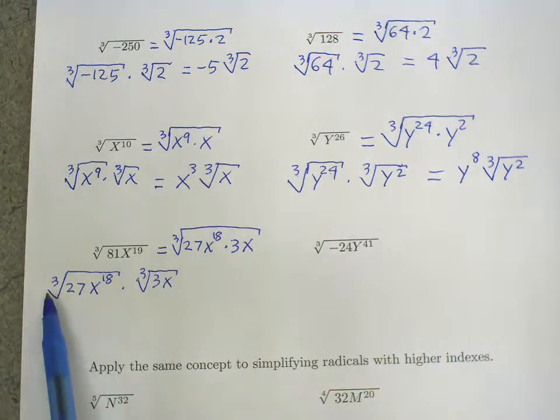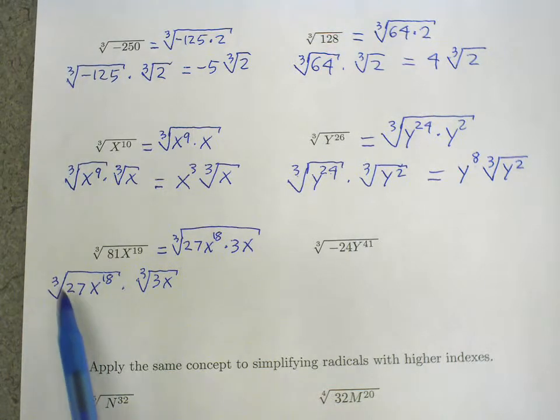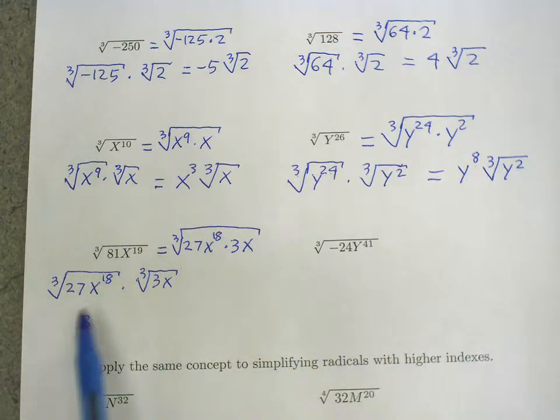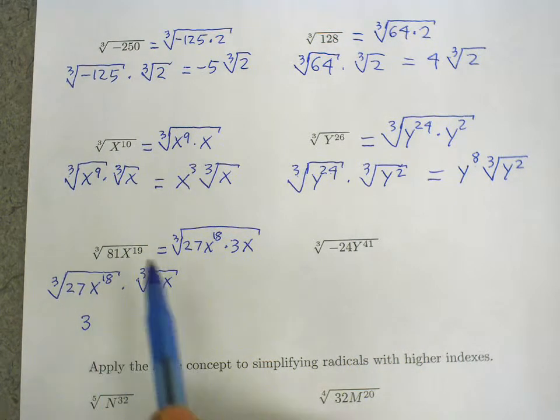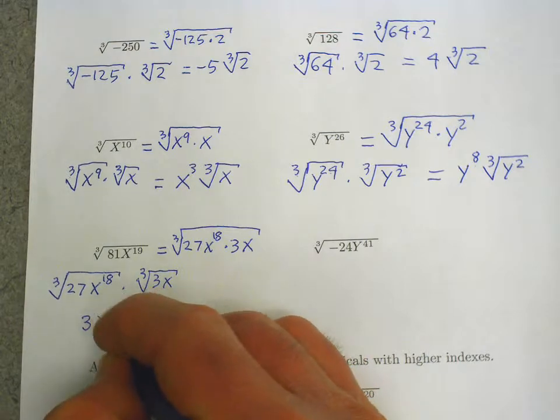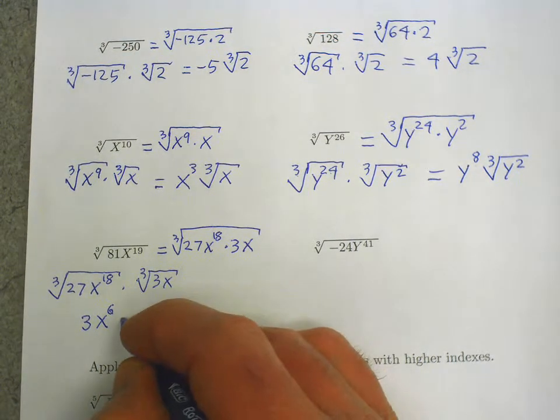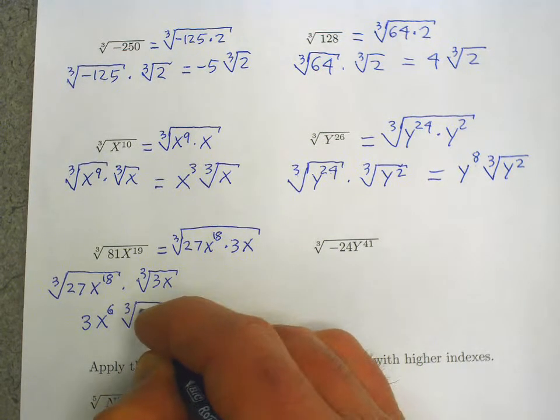And then we can simplify the cubed root of the perfect cube factors. The cubed root of 27 is 3. The cubed root of x to the 18th is x to the 6th, because 18 divided by 3 is 6. And so our final answer is 3 times x to the 6th times the cubed root of 3x.